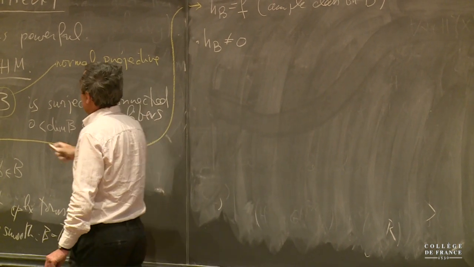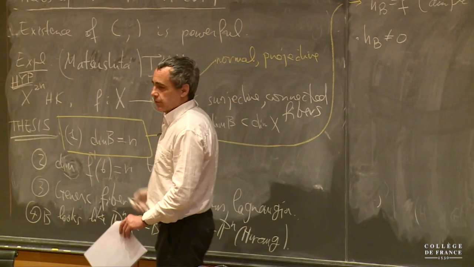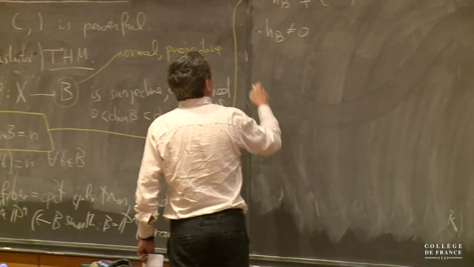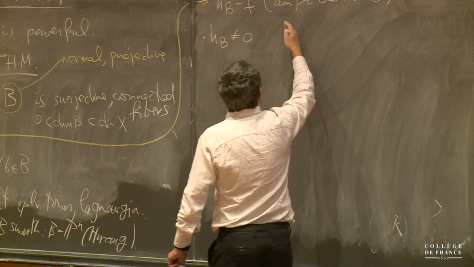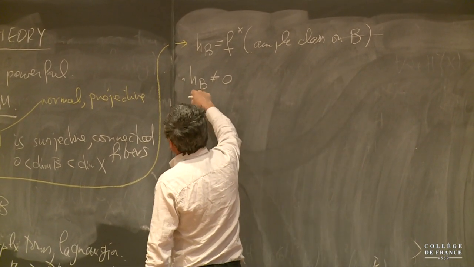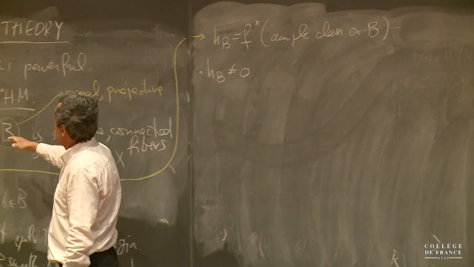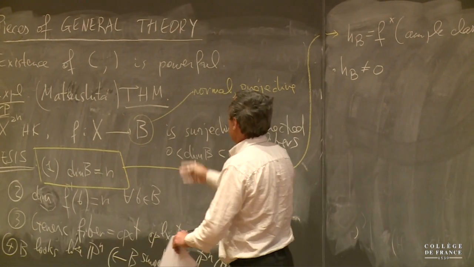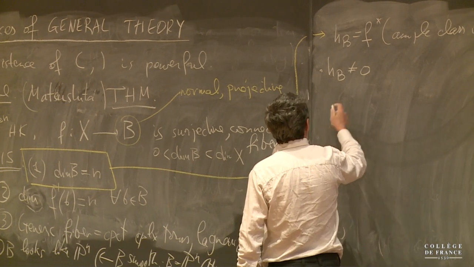This follows because this is a scalar if you look at a fiber and so on. If you intersect H_B with itself as many times as the dimension of B, that is homologous to a positive multiple of the fiber, and that's non-zero because you have a Kähler class on X. So the pullback is non-zero.